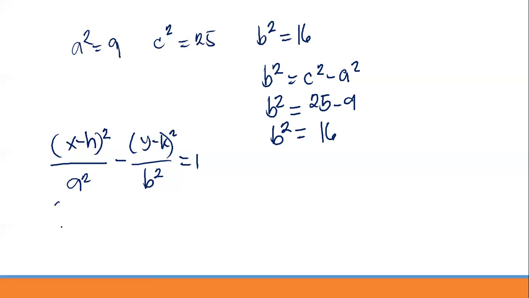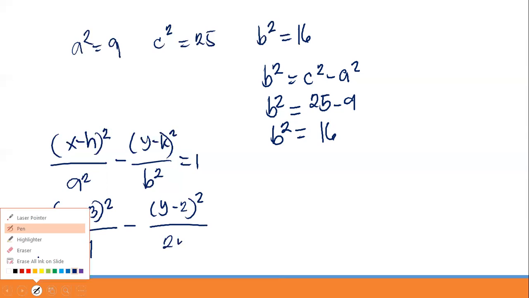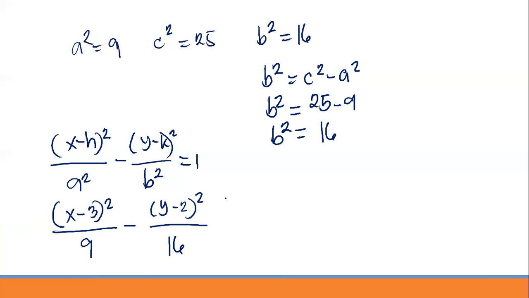So, ito na siya. (x - 3) squared over a squared, which is 9, minus (y + 2) squared over b squared, which is 16, equals 1. Okay, so this is now the standard form equation of the hyperbola given the vertices and foci.